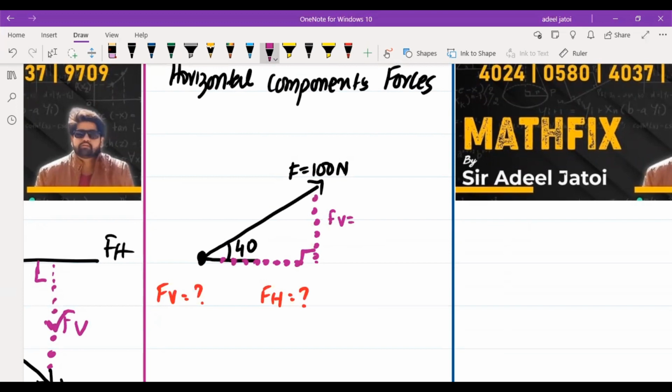Your FV will become 100 sine 40, and FH will be 100 cos 40, because the angle is 40 and the hypotenuse given is 100.